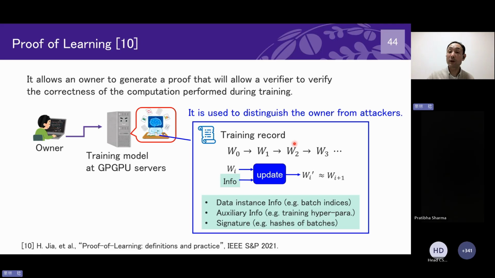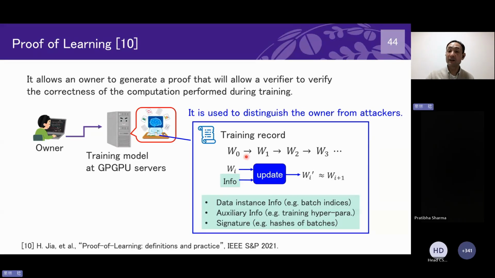If the training record is stored, like the data instance information, some auxiliary information and signatures, then the intermediate weight parameters can be reproduced.